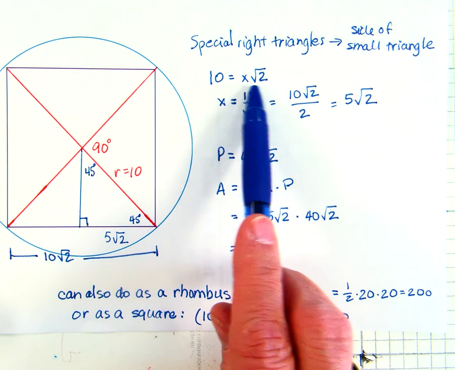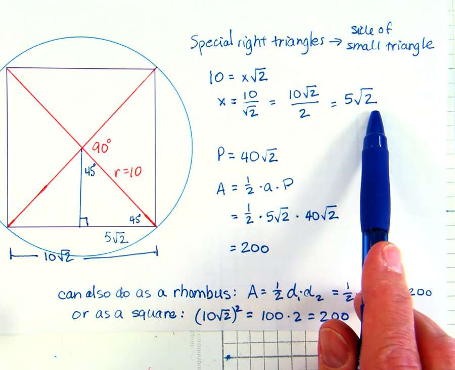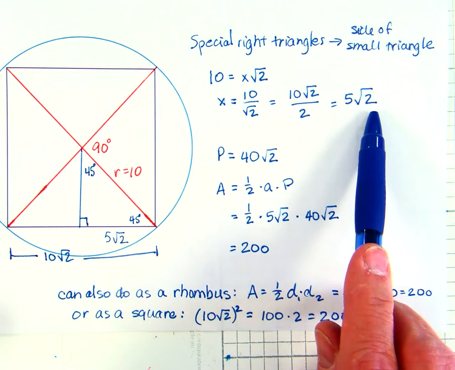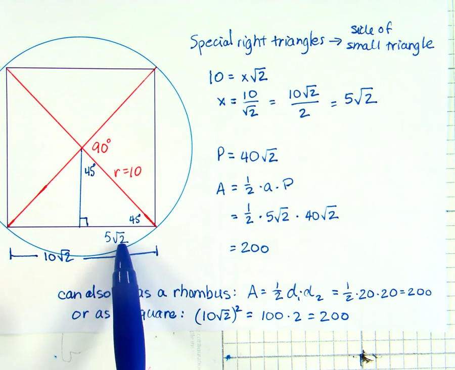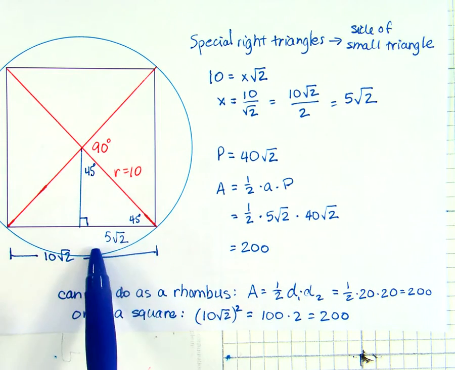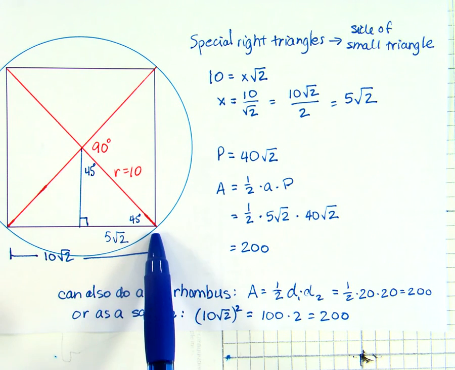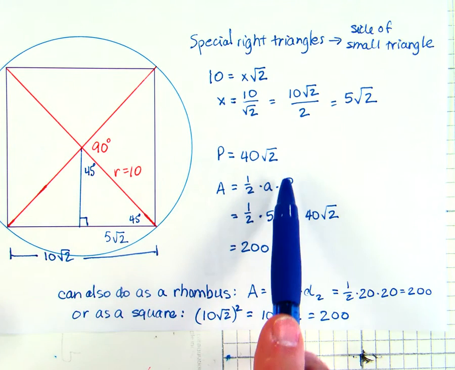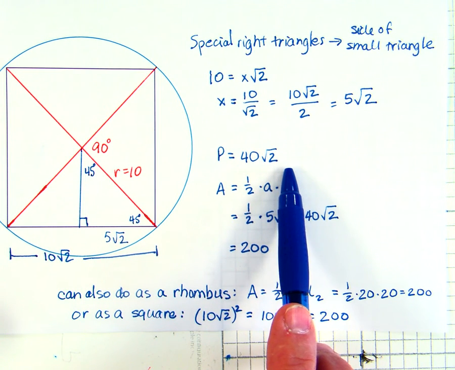Then I simplified and rationalized the denominator to find that the side length of the smaller triangle is 5 times the square root of 2. I can then either say there are 8 halves and multiply by 8, or I can say that the side length of the square is 10 times the square root of 2 times 4 sides. In either event, the perimeter is 40 times the square root of 2.